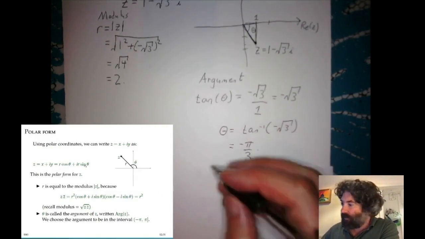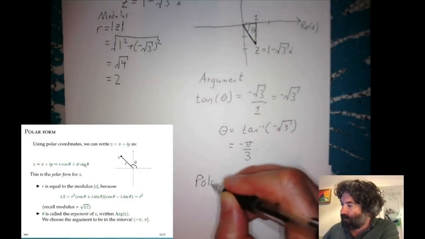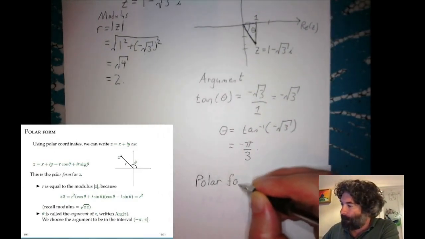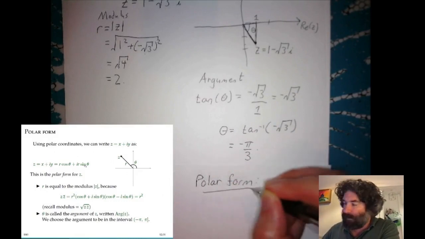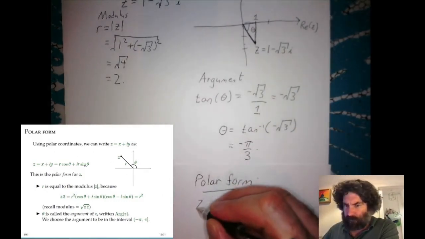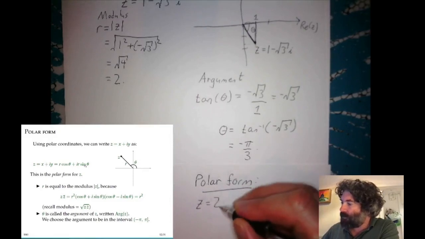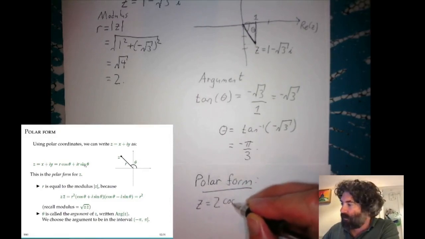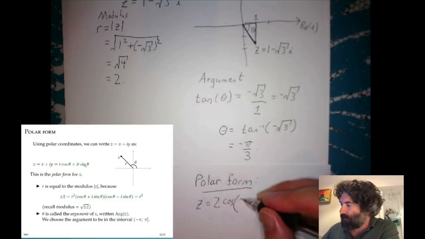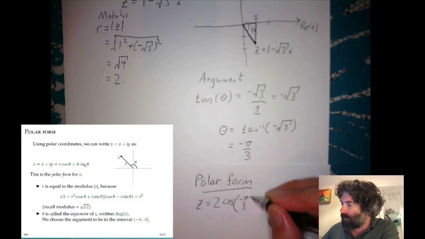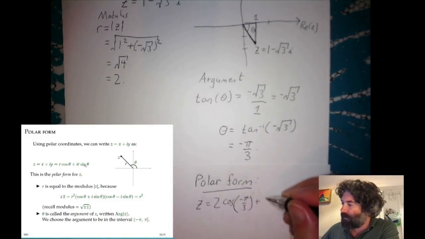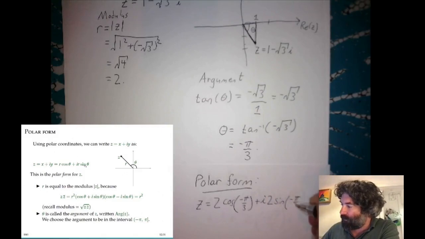The polar form for this complex number is 2, that's r, times cosine of theta. Theta is the argument, so cosine of negative pi over 3, plus i times r, r is again 2, times sine of negative pi over 3.